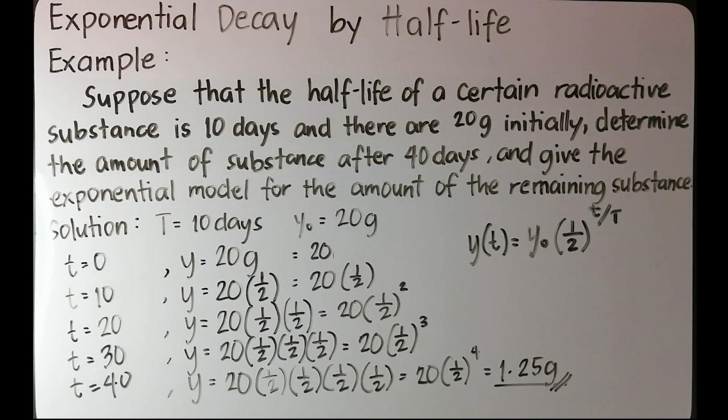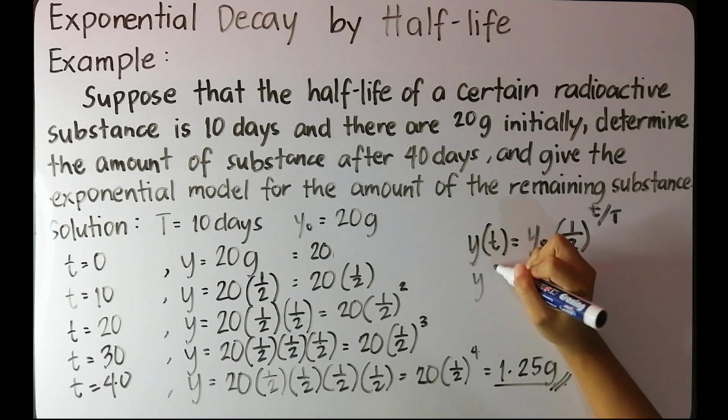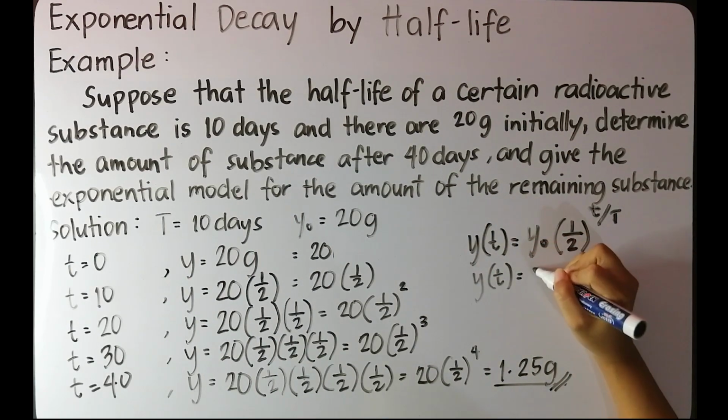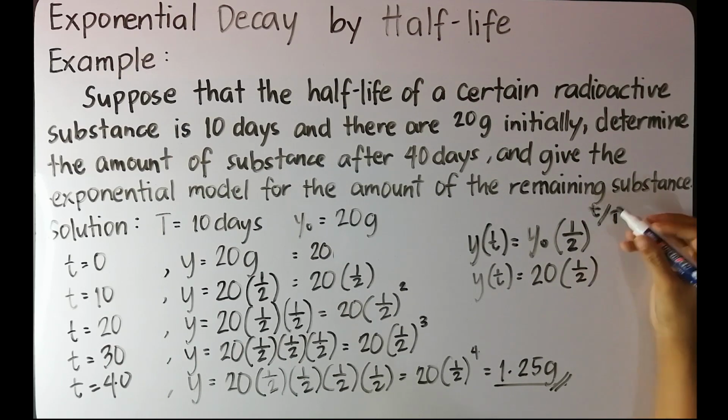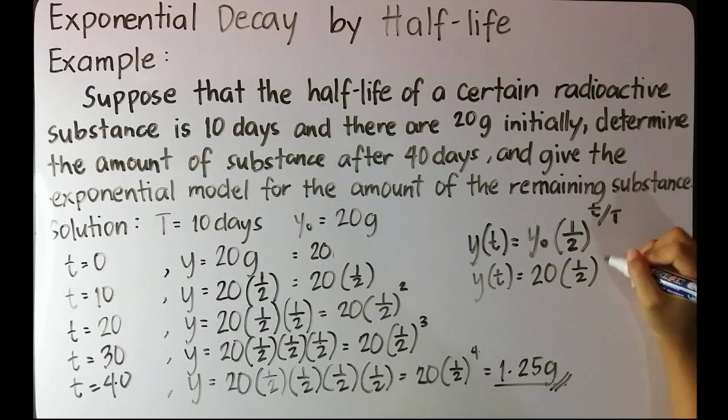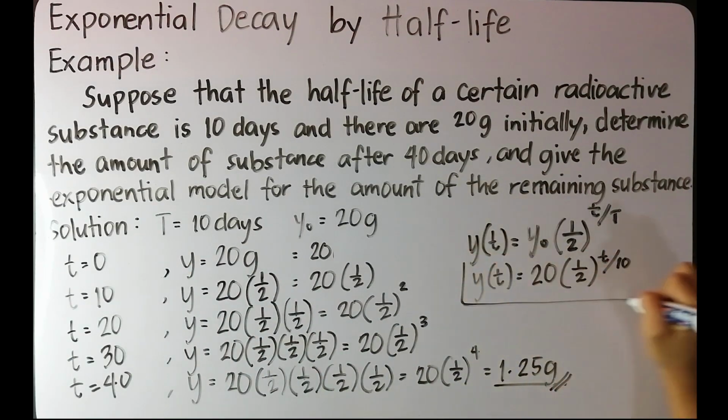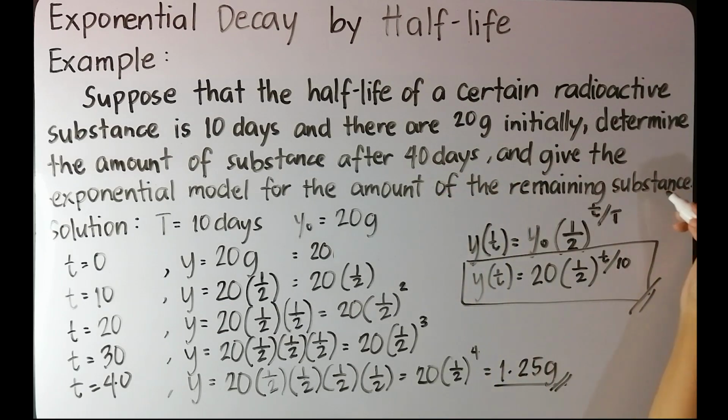So, let's substitute our given. We have y of t equals 20 grams times 1/2 raised to t, divided by the constant 10, which is the half-life of 10 days. So this is our exponential function for the amount of the remaining substance.